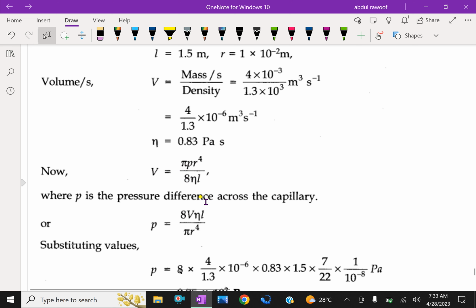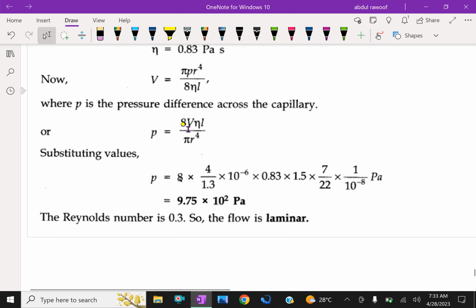Substituting the values, V is 4 over 1.3 into 10 power minus 6, eta is 0.83, L is 1.5 meter, pi is 22 by 7, and r power 4 is 10 power minus 8.